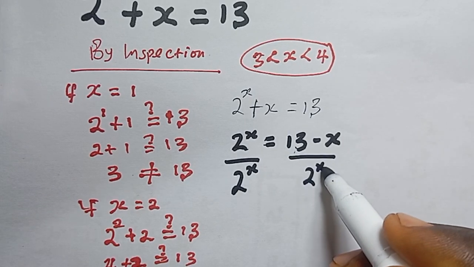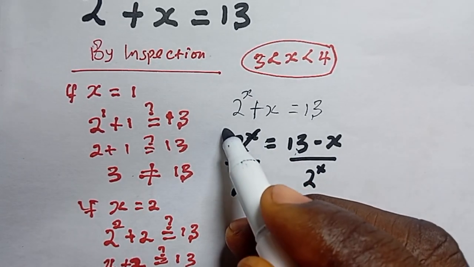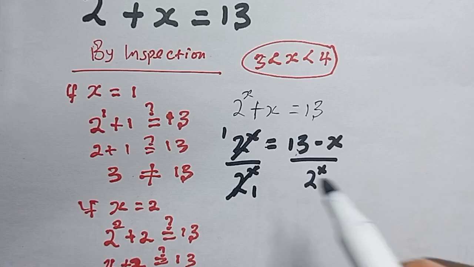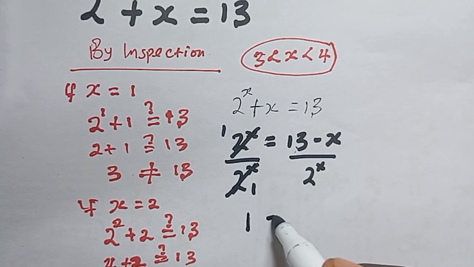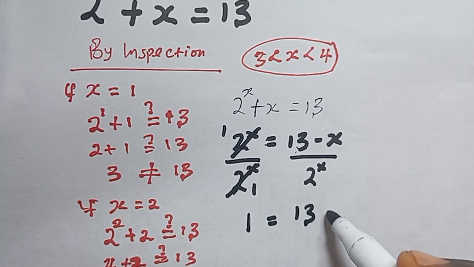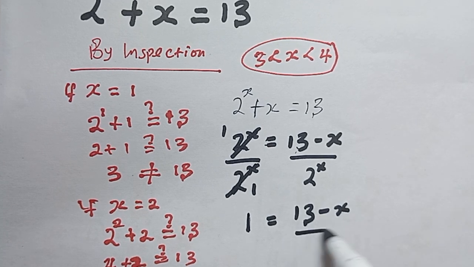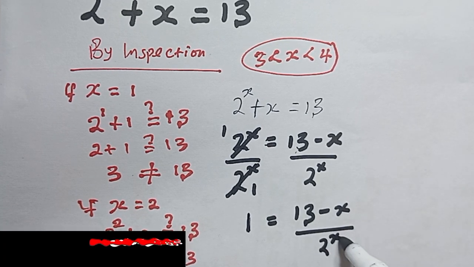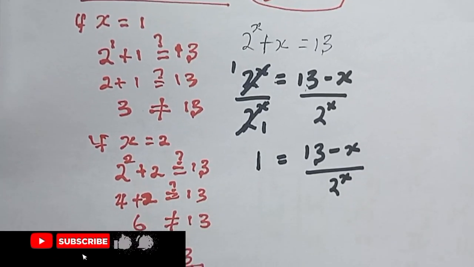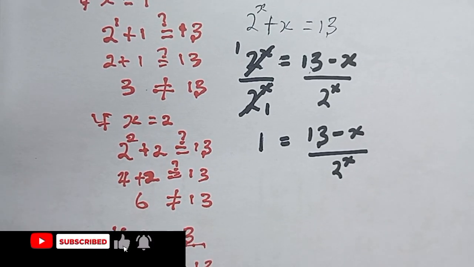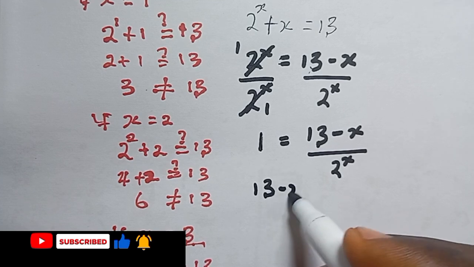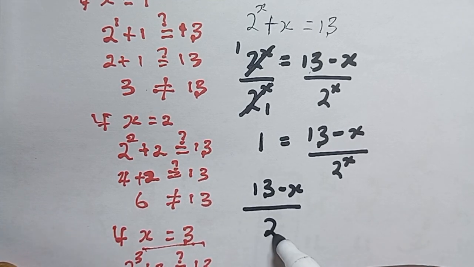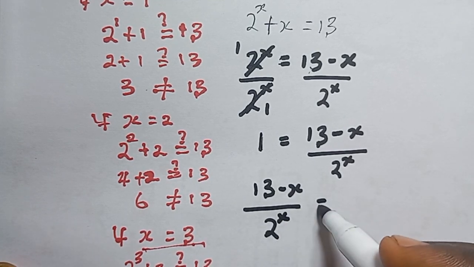The 2 power x divided by itself is 1, and then divide the denominator too. So what I have is 1 is equal to 13 minus x divided by 2 power x. So for clarity's sake and for convenience sake, I'm going to write this one first: 13 minus x divided by 2 power x is equal to 1.